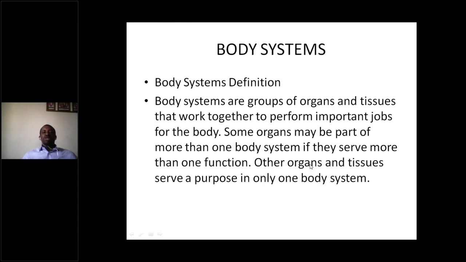Other organs and tissues only serve that one body system. So there are organs that are just involved maybe in respiratory. They are not involved in any other system. Like the male sexual organ, the penis is involved in reproductive and in what? Excretory system. So it has 2 functions, both the female and the male.